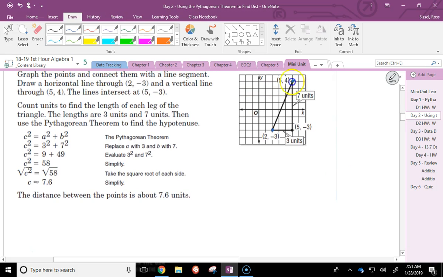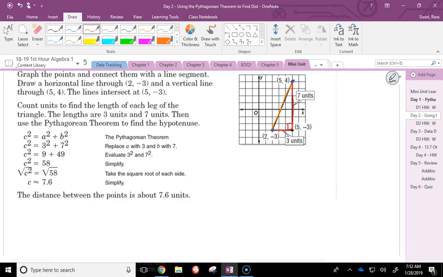Because between the two points we have this edge, we just connect it, making a right triangle. It's kind of like when we first worked with slope and did rise over run. If I run over to where they're lined up, and then go up and down, I form a right triangle, straight up and down, straight left and right.